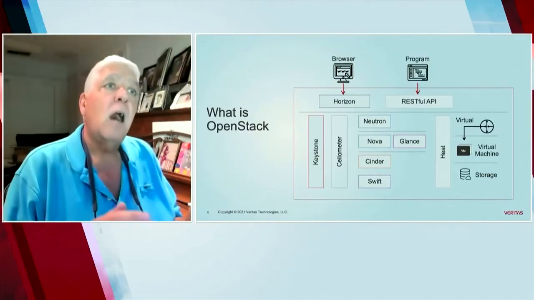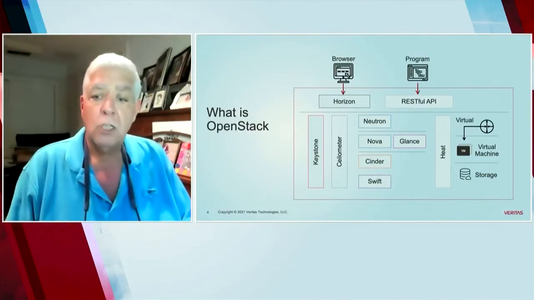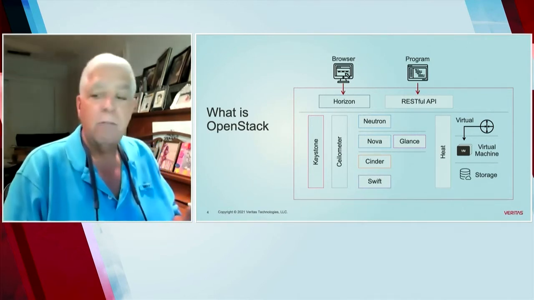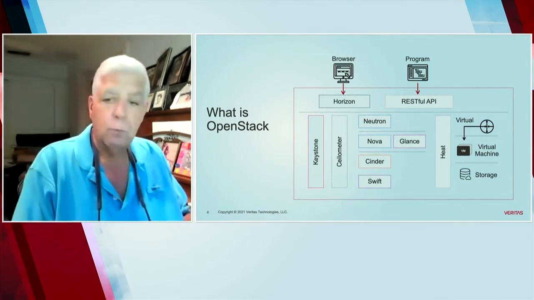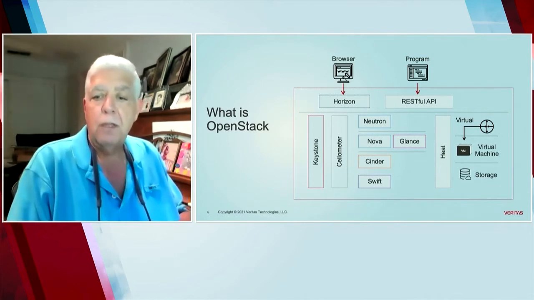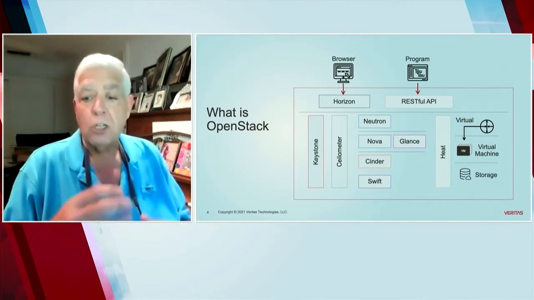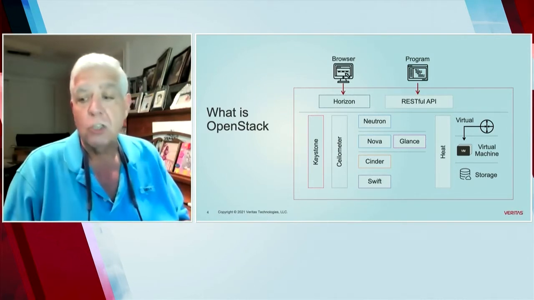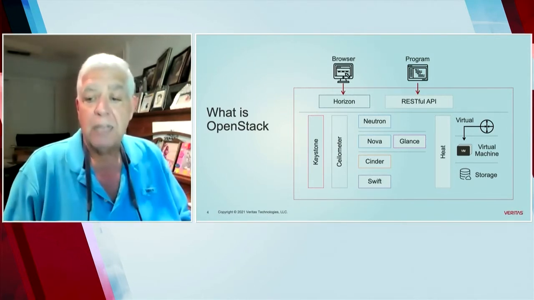Then there's Nova for compute services. Cinder and Swift allow you storage, whether that's object storage or block storage. And Glance services allow you to discover and register virtual machines. All managed and orchestrated by Heat, which is an infrastructure resource for cloud applications based on templates.